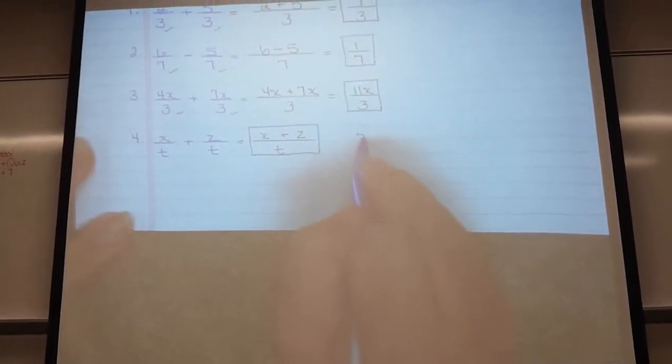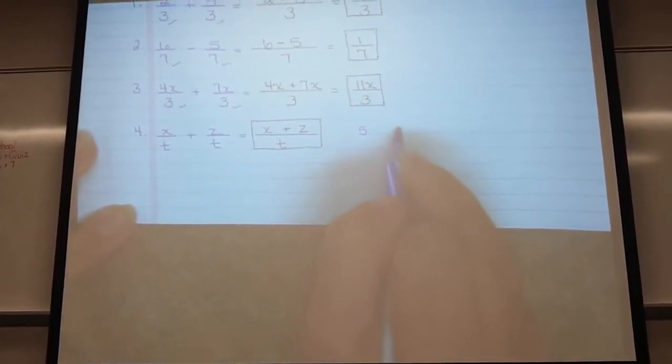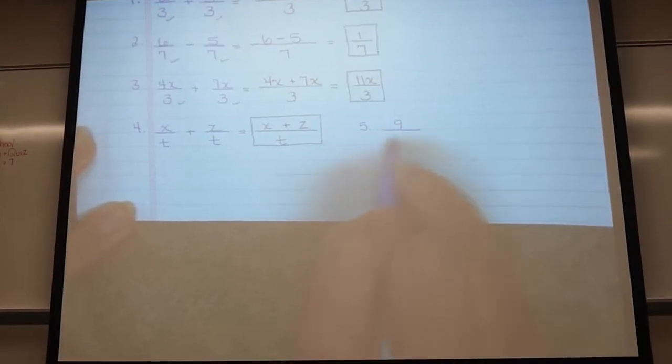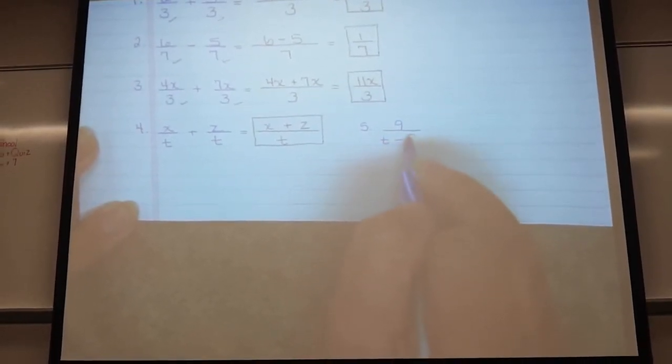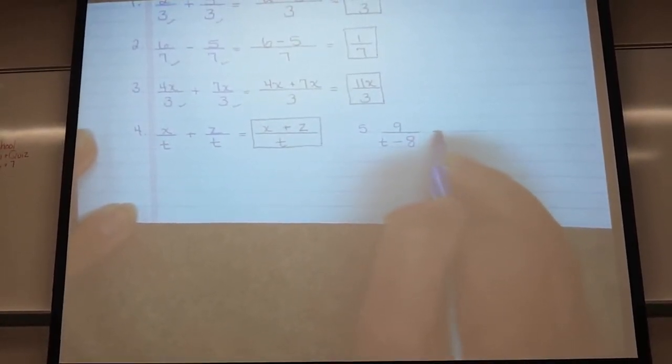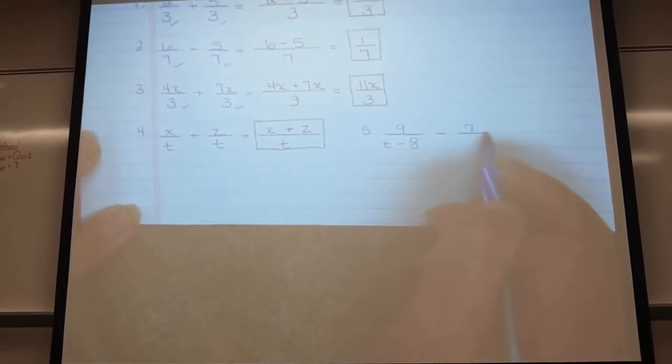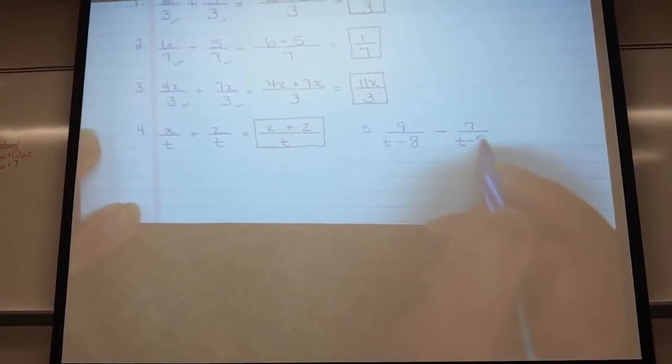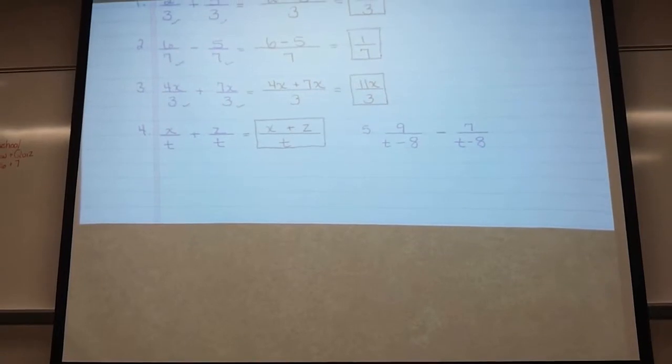Get another one. 9 over t minus 8 minus 7 over t minus 8. Try that one.